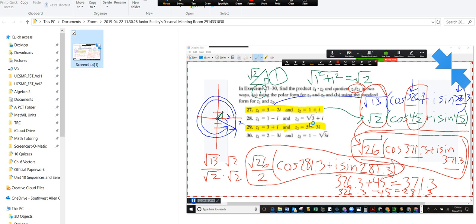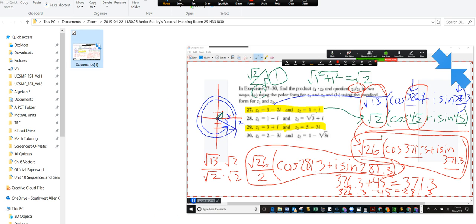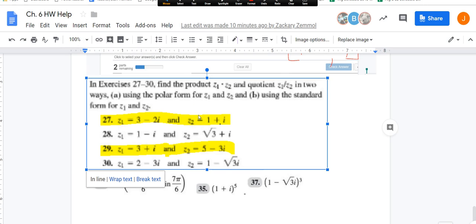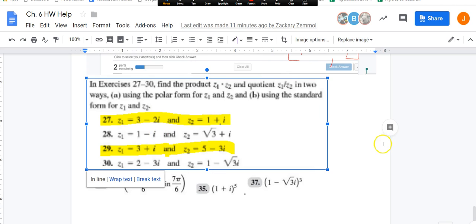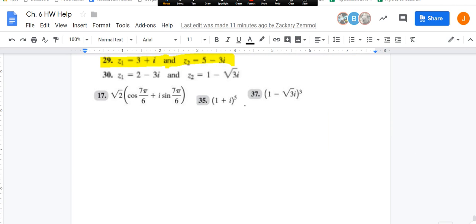Maybe I should just copy, then I'll come back to the document, put that in there and paste. Come on, work. Where? It'll be right here.